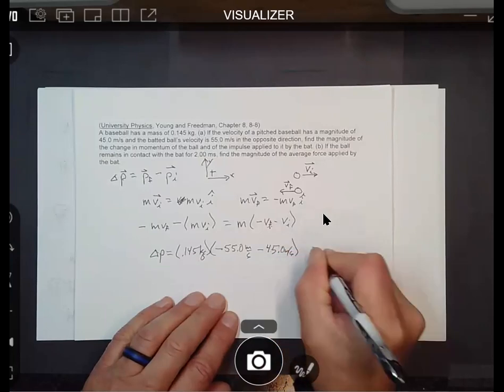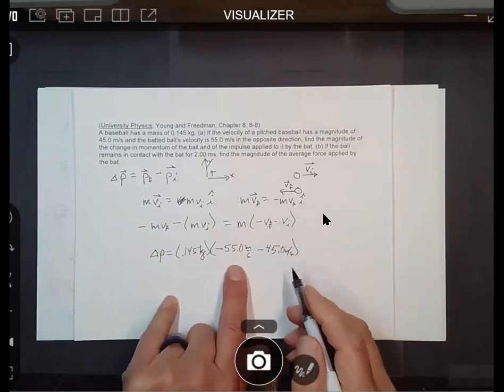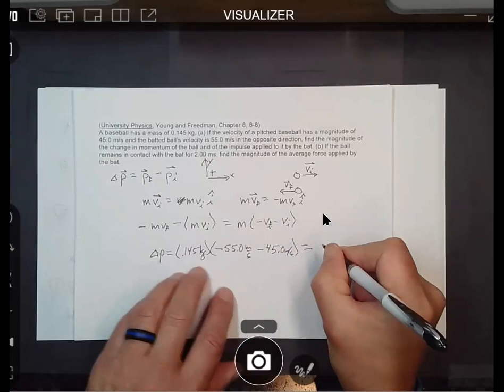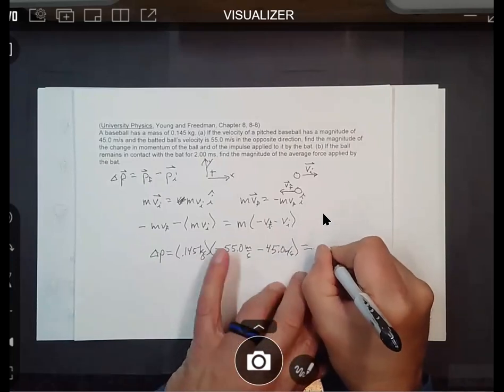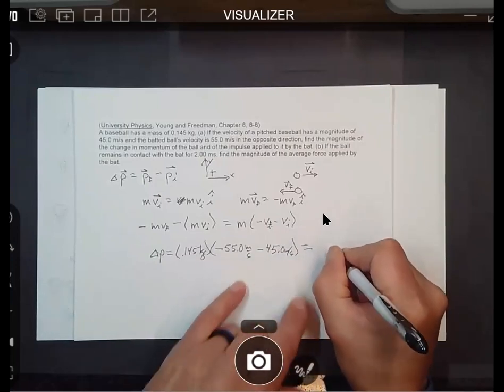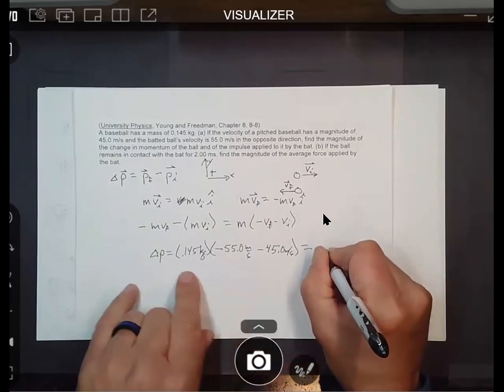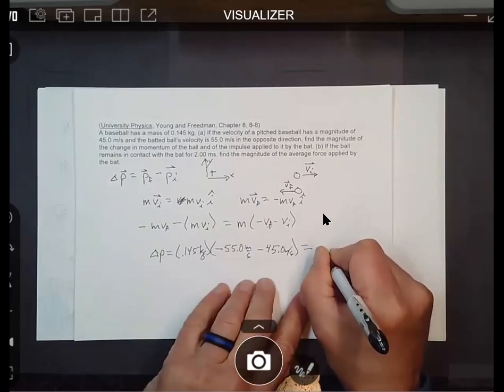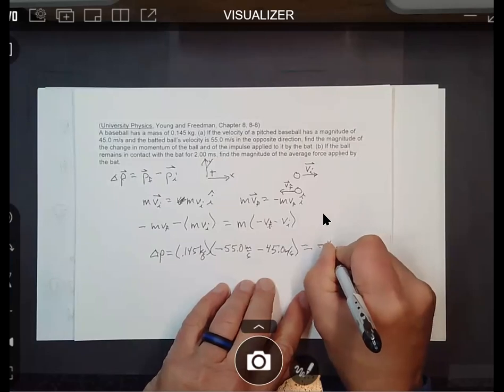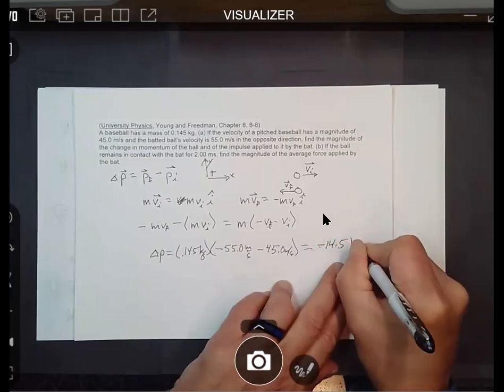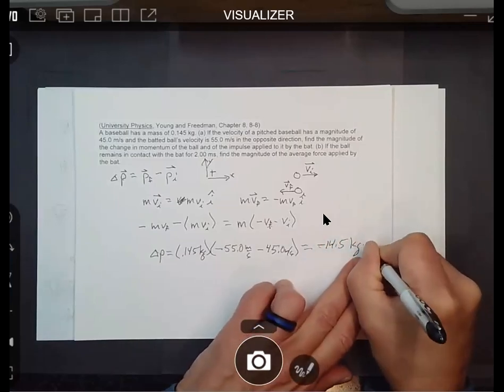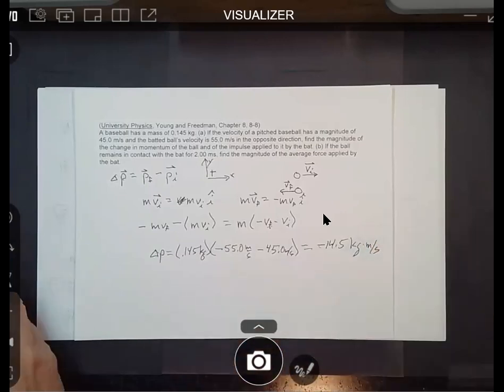And I think that's minus 100. So what I'll get here is minus 100 times 0.145, which ends up being minus 14.5 kilogram meters per second.